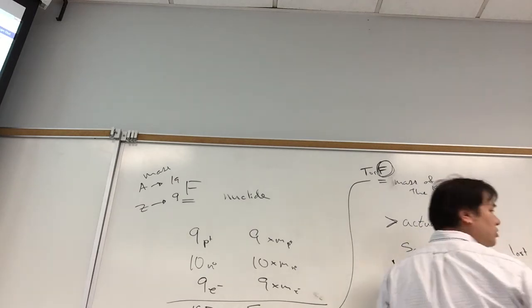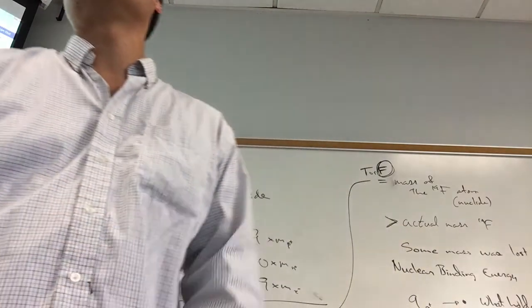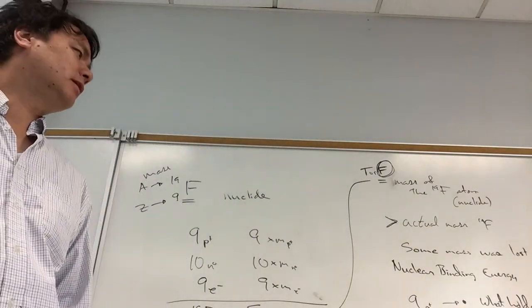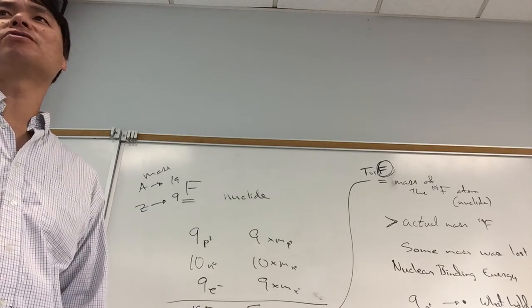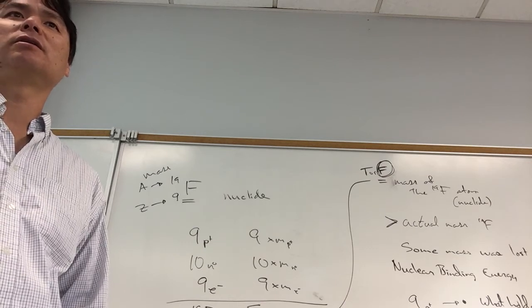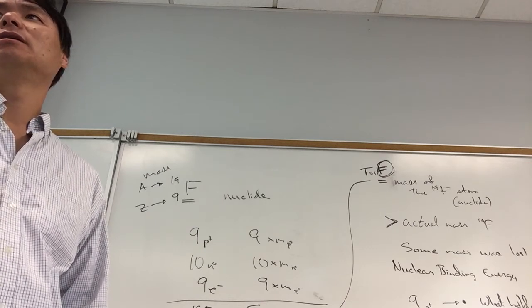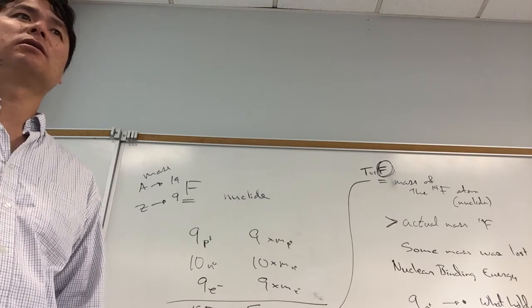This is why electrical forces aren't so significant to nuclear chemists, because if you think about the electrical repulsions, you have 9 positive charges crammed into a tiny volume. Why don't they repel each other and scatter in opposite directions? Why do they stick together?